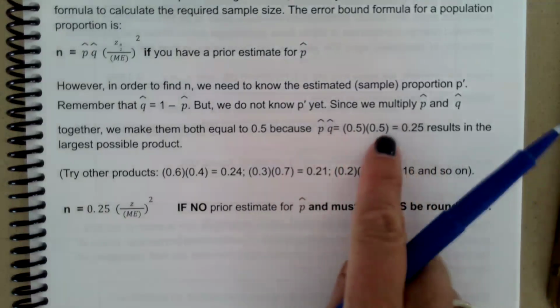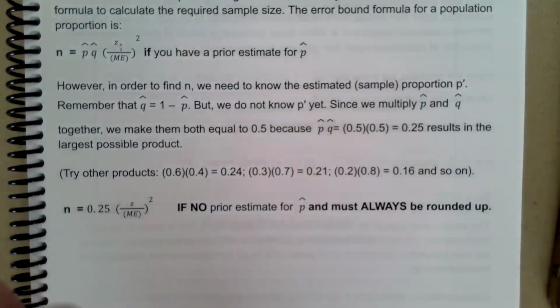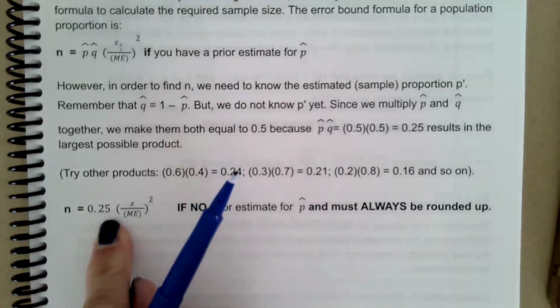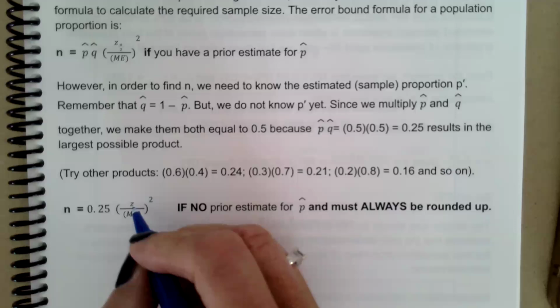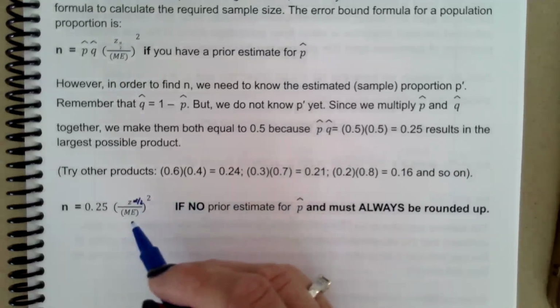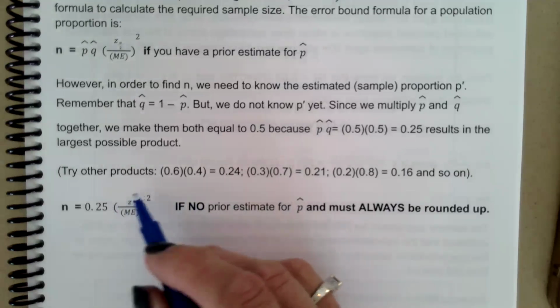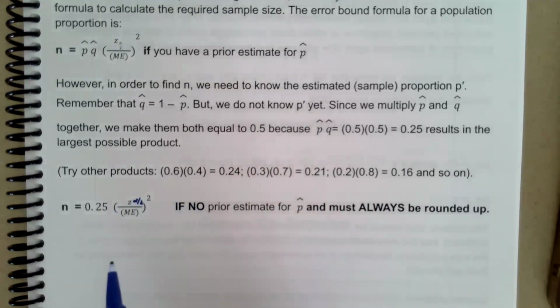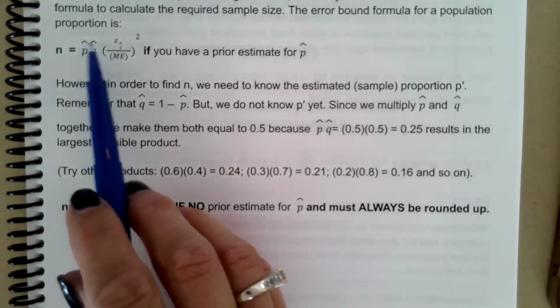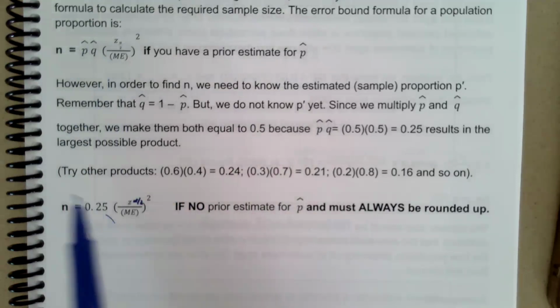So 0.25 is the biggest this would ever be. So if you have no prior information, you're going to just use this formula, 0.25. And then your z of alpha divided by 2, divided by your margin of error, and that proportion or ratio squared. So the only difference is up here you would have an estimate of p hat and q hat, and down here you're just going to use 0.25.